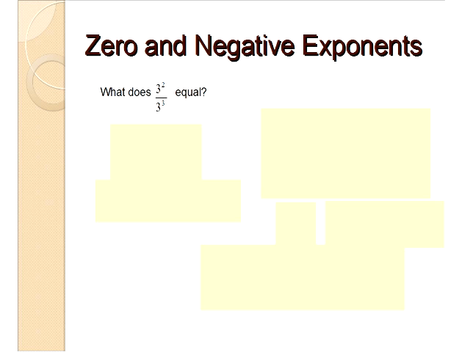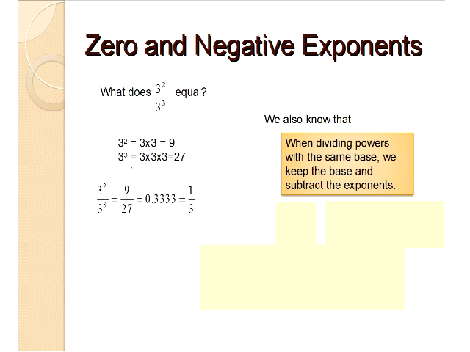Now we can continue with an example here where we have 3 squared divided by 3 to the 3. And so we know what 3 squared is. That's 9. And we know what 3 to the 3 is. That's going to be 3 times 3 times 3, which is 27. And so 9 divided by 27 gives you 1/3. But again, we could use the laws of exponents here and recognize that we're dividing powers of the same base.